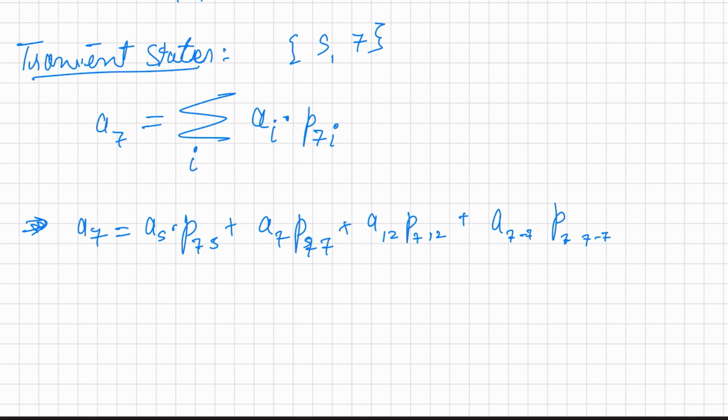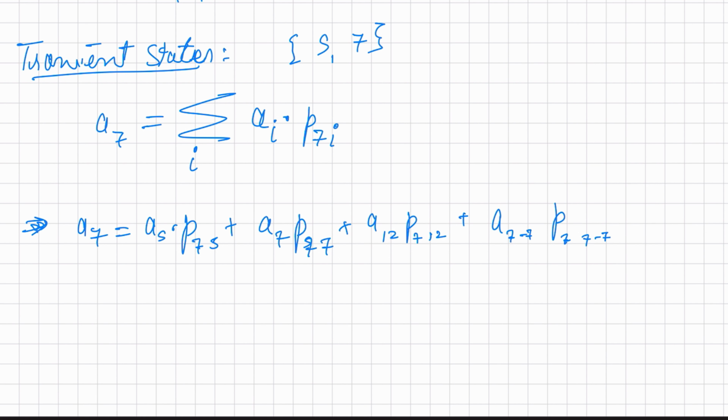So we first compute the probability of reaching the state S, and then we multiply it with the probability of getting absorbed in state 12 from the state S. Similarly, the probability of reaching state 7: you're in 7, what's the probability you will stay here? And if you stay, what's the probability of getting absorbed in state 12 from this state? This one, we go from 7 to 12. We capture this jump probability, and then we also capture the probability of getting absorbed in 12 if you're in 12. And similarly for 7, 7.